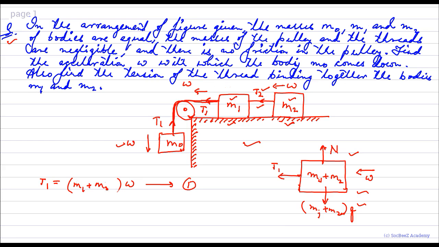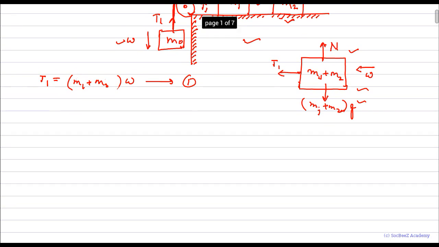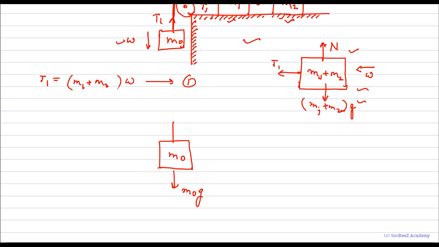Now if I write down the force equations for the body of mass m naught, first let me draw the free body diagram for mass m naught. For mass m naught, there is its weight acting downwards, which is m naught into g, and there is the tension force acting upwards, that is T1.